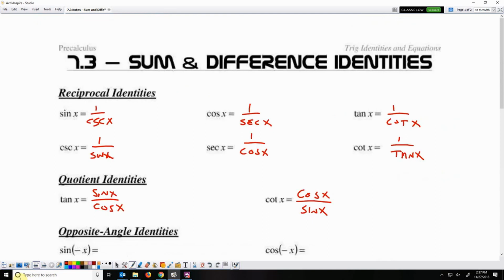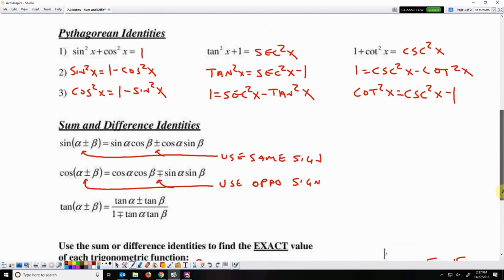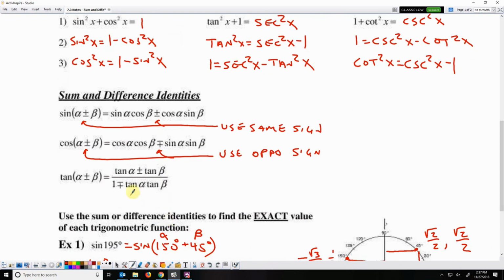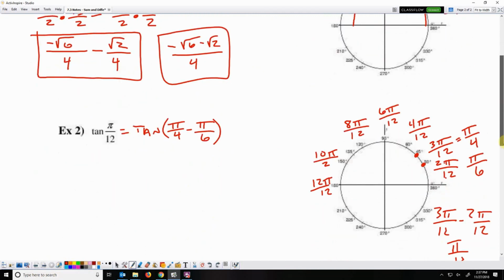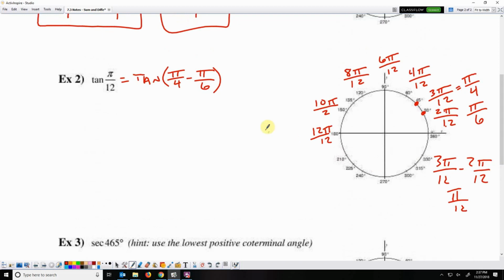So the tangent sum or difference identity is tan alpha plus or minus tan beta, which means use the same sign, over 1 minus or plus tan alpha tan beta. I've got a minus, which means in the top I'm going to keep a minus, because plus or minus means keep the same sign.